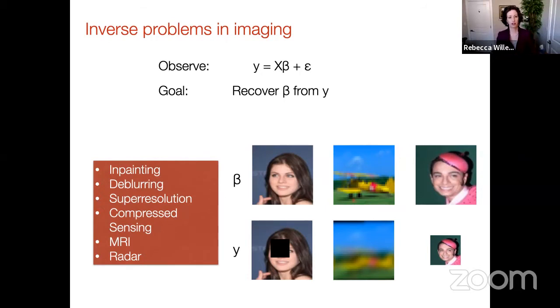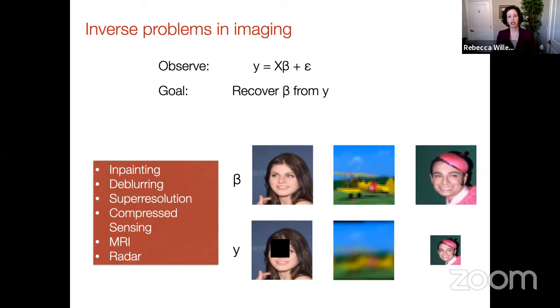When we talk about inverse problems in imaging, our goal is to recover this image beta from Y. This is a pretty generic problem statement that arises in a wide variety of problem settings. Examples include inpainting, deblurring, super resolution, compressed sensing, MRI or CT reconstruction, radar imaging, and many more.